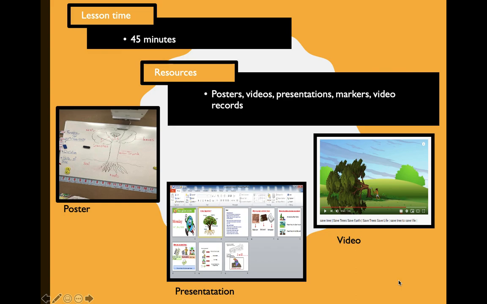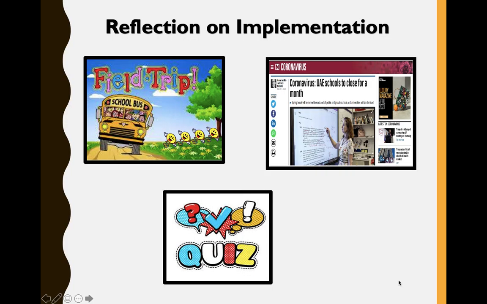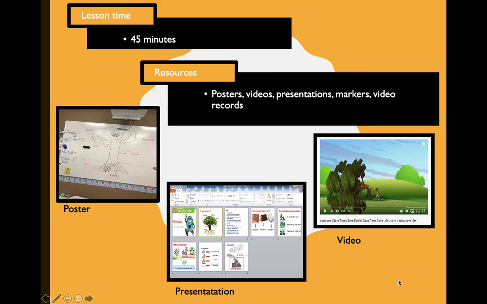The third picture is a video. It was a man who cut down a tree, but later he regretted it because he had been laying on the tree, and when he cut it down, he was not able to get rest.